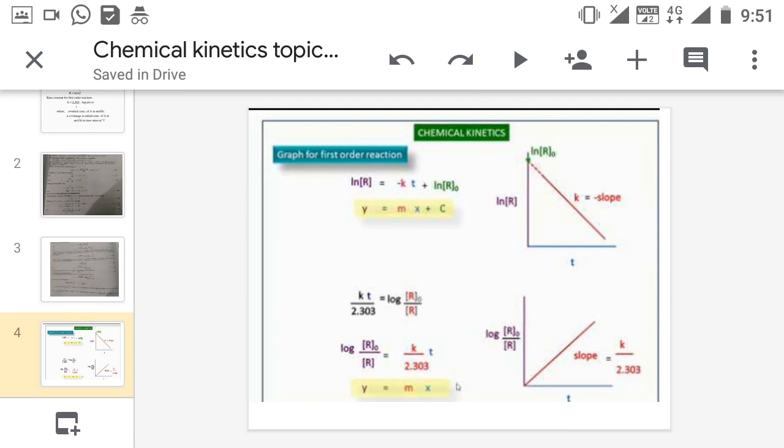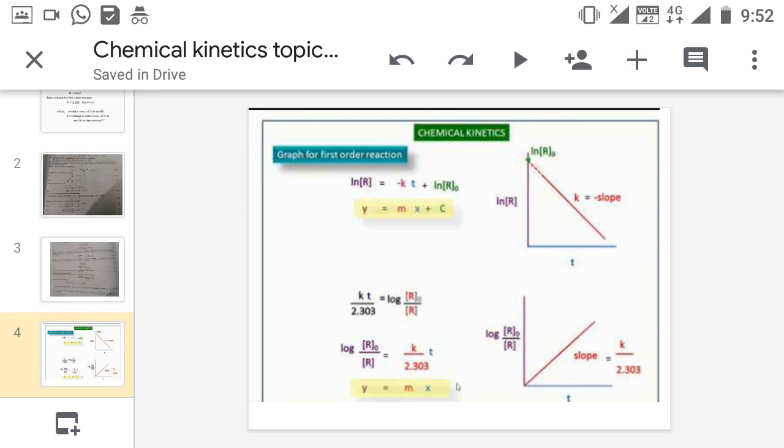Okay. Now, if you write log R0 divided by R, or log a by a minus x, that is equal to kt divided by 2.303, then we compare this equation to y is equal to mx plus c. This equation, mx plus c, represents the equation for a straight line.